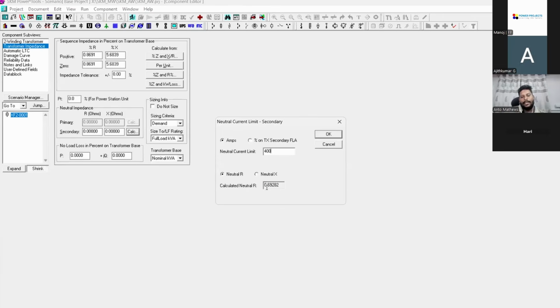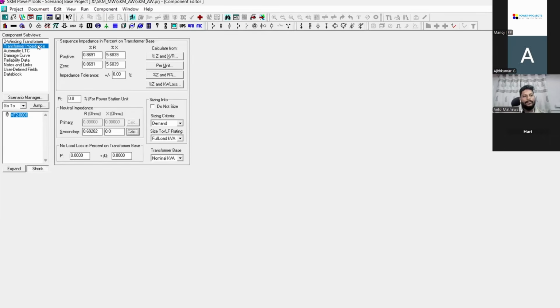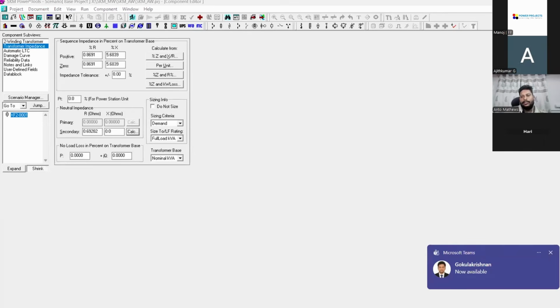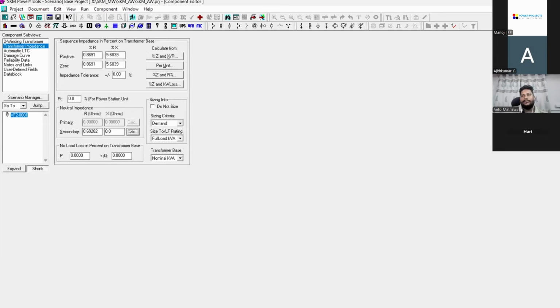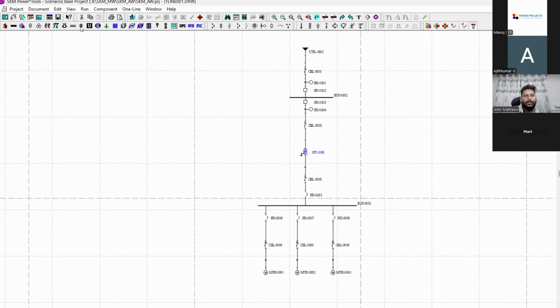The resistor which I am going to add in the system is 0.69 ohms, right? So I will be getting this data. Once I was done, my transformer component modeling is done.